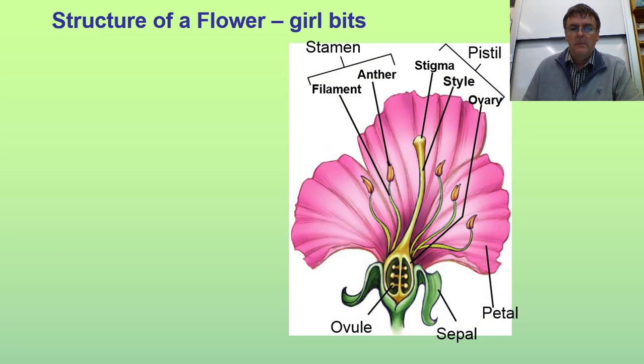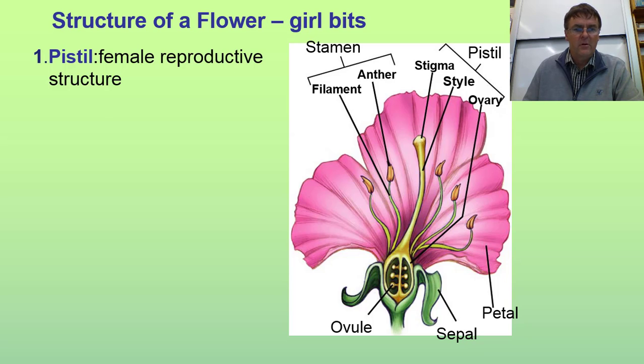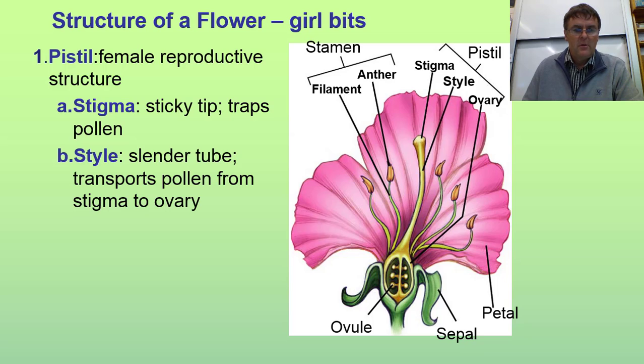So, a bit more detail of the girl bits. That's the pistil, stigma, style, ovary. The pistil is the whole female reproductive structure. The stigma has a sticky top that traps the pollen when it gets taken there by insects or the wind or however the pollen gets there. The style is the tubey thing that transports the pollen down from the stigma to the ovary.